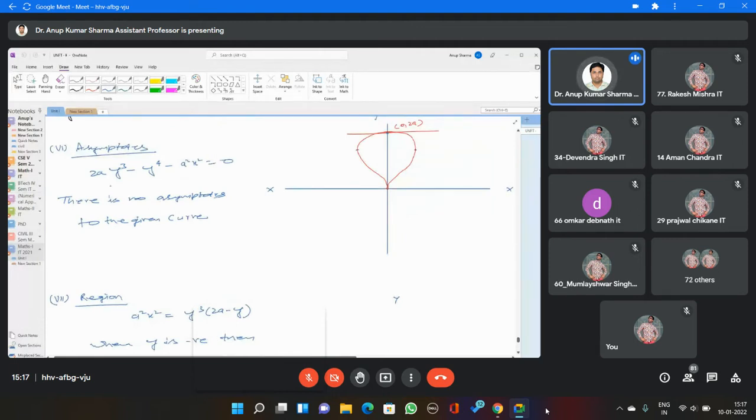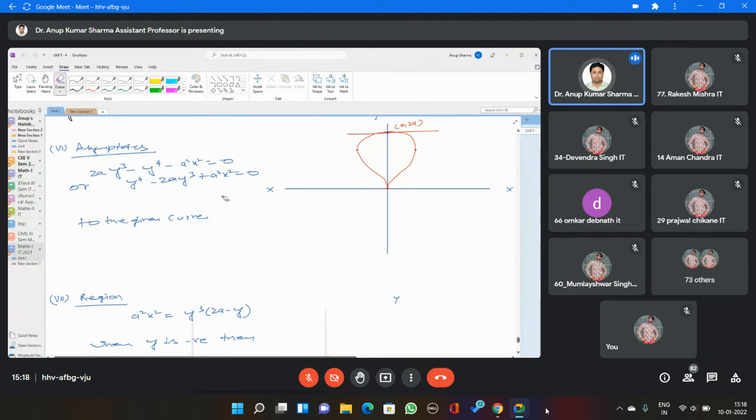Okay, see this equation. We can also write it as y to the power 4 minus 2ay cube plus a square x square is equal to 0.